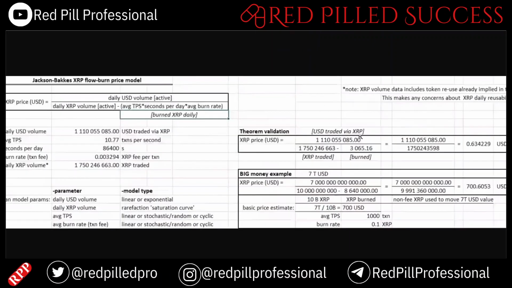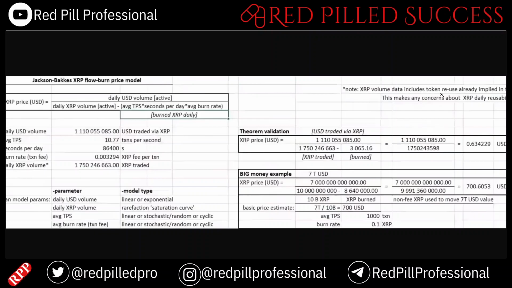So it's not necessarily that the number of transactions is driving XRP price. It is the value that those transactions represent. And when those transactions use less XRP, that makes XRP itself worth a lot more.